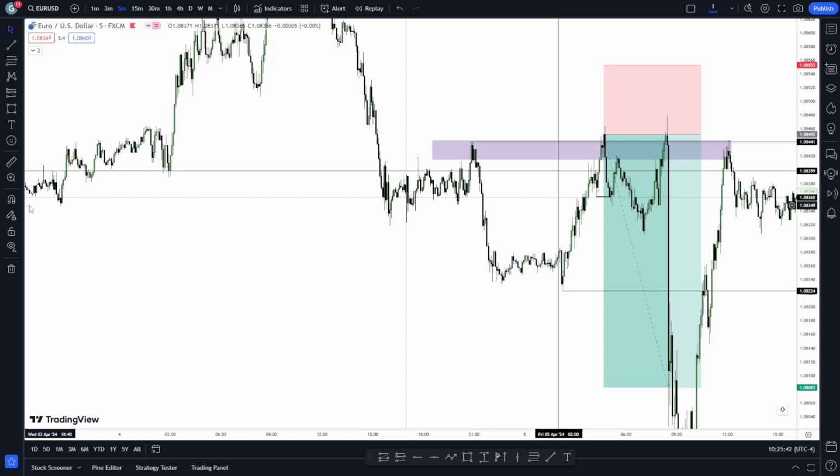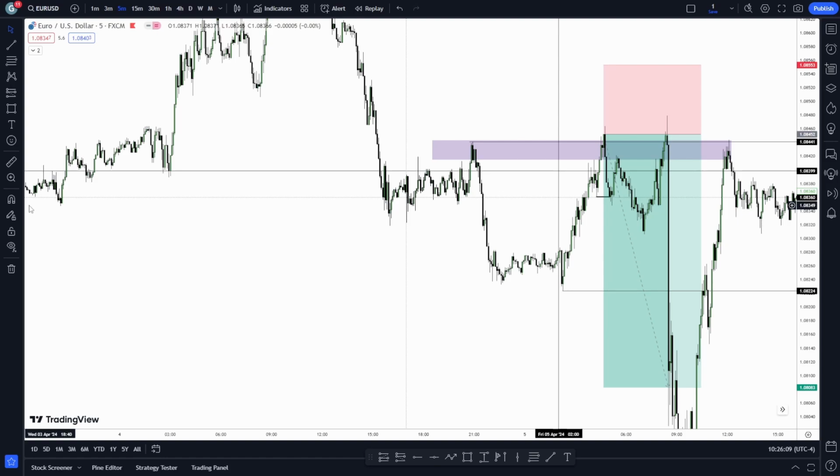Now, as with any trading strategy, it is important to first practice on a demo account or with small position sizes, to understand how it works in real market conditions. You should use this strategy with a demo account and try to take setups like this.